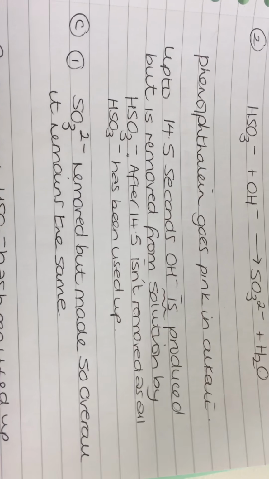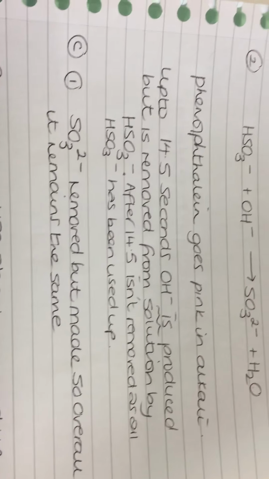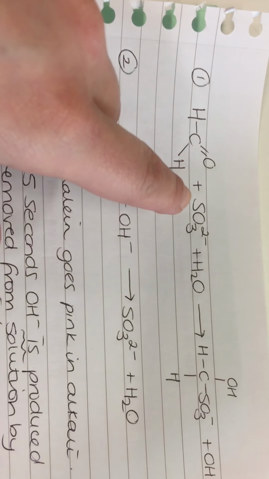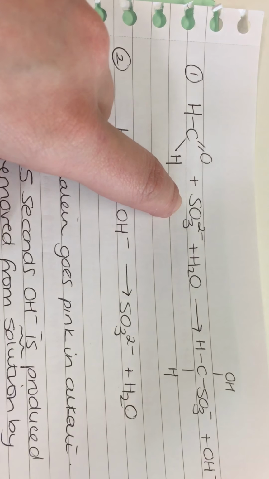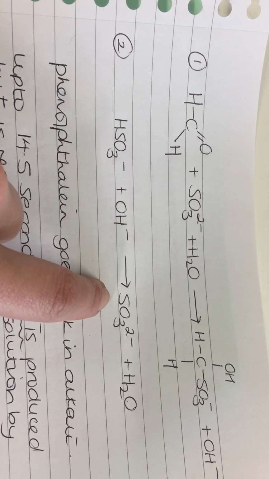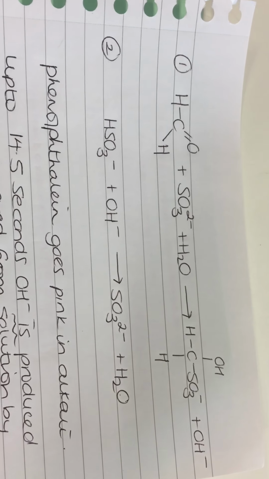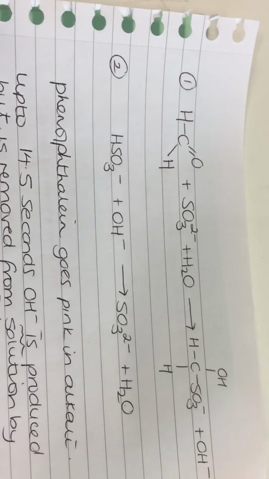This means that overall the concentration will remain the same. So if we look here, we can see that the SO3 2- is being removed, but then it's being reformed. So as long as everything that is removed is reformed, then we know that we have got a constant.